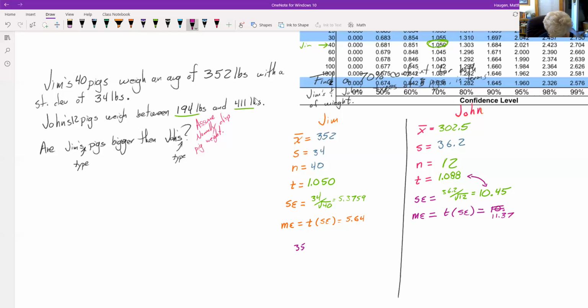So the 352 plus or minus 5.64 is about 357.64 on the upper end and 346 and change on the bottom end, 346.36.